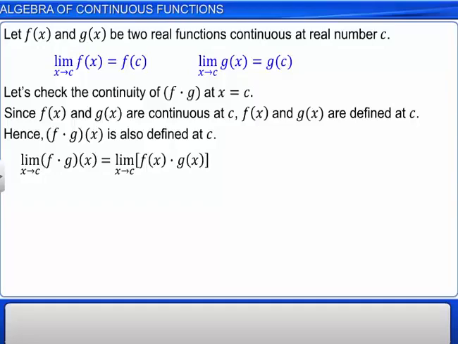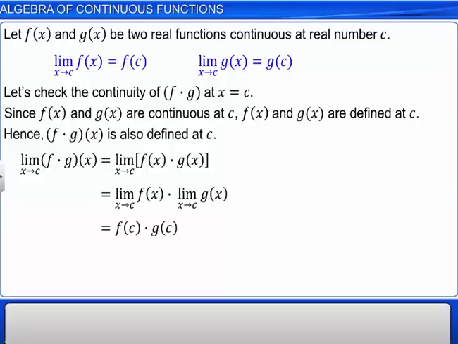By a theorem on limits, we know that the limit of the product of functions is equal to the product of their limits. So we have the limit of f of x as x approaches c into the limit of g of x as x approaches c. We are given that functions f and g are continuous at x is equal to c.